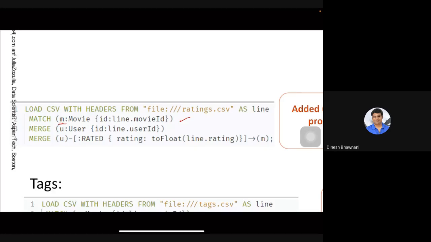Then you create a user node using the merge function. Then you give the relationship using merge between the user and movie. What is the relationship? Rated.